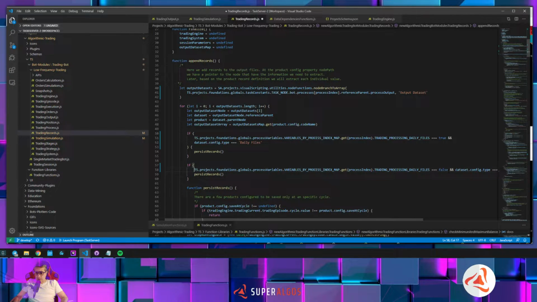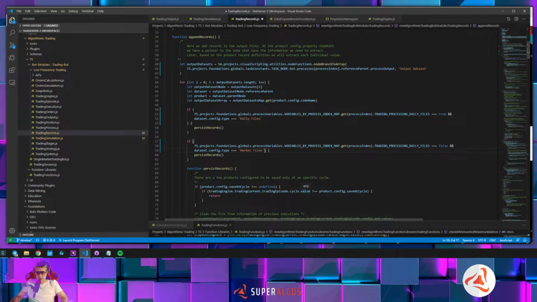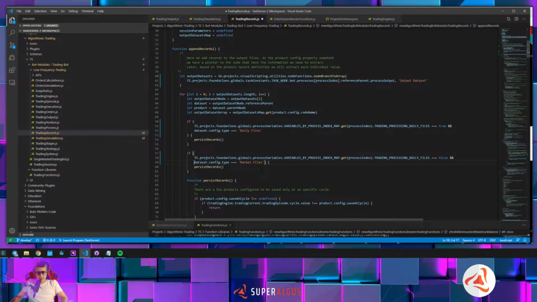Trading processing daily files. Okay, we have to refactor this not to be trading. Probably.